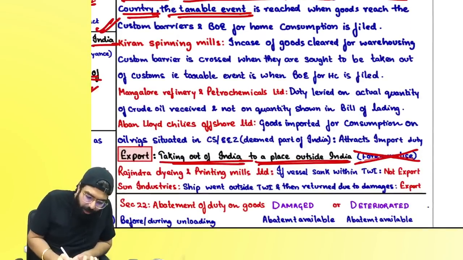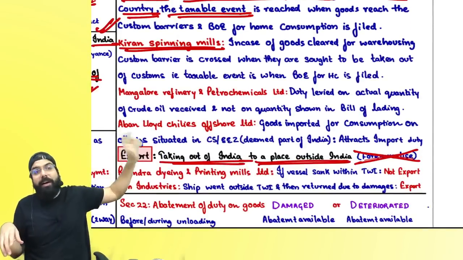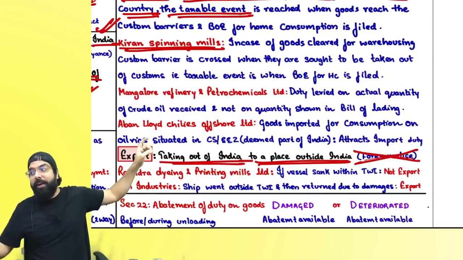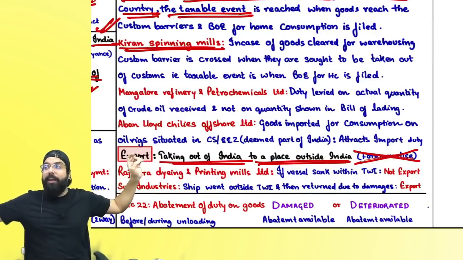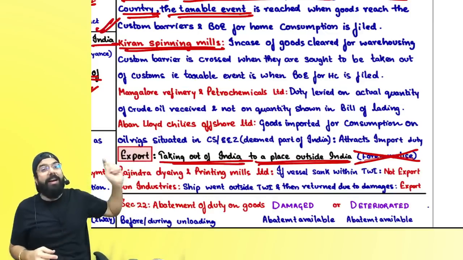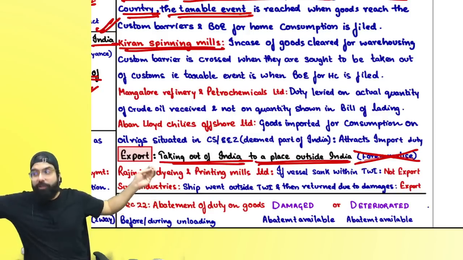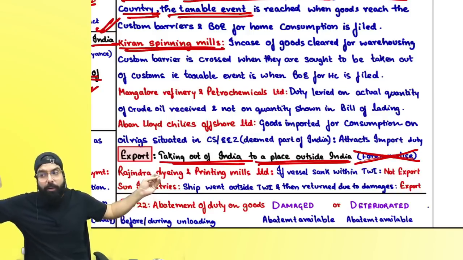Sir, in case of Kiran Spinning Mill, what happened? Goods were imported and shifted to the customs warehouse. What is the taxable event? The import started when the goods crossed the territorial waters of India.